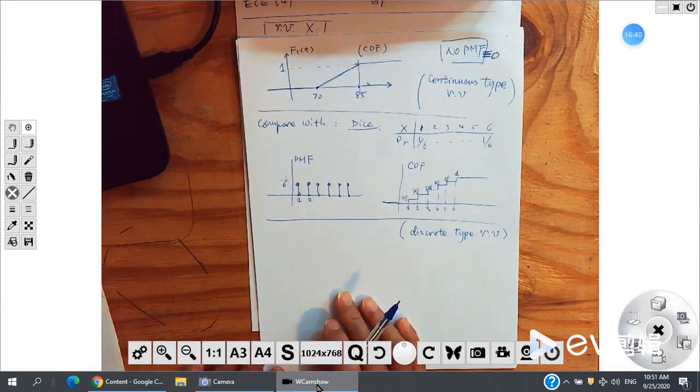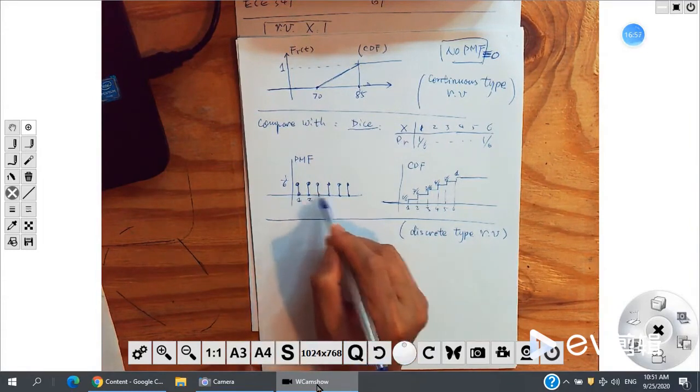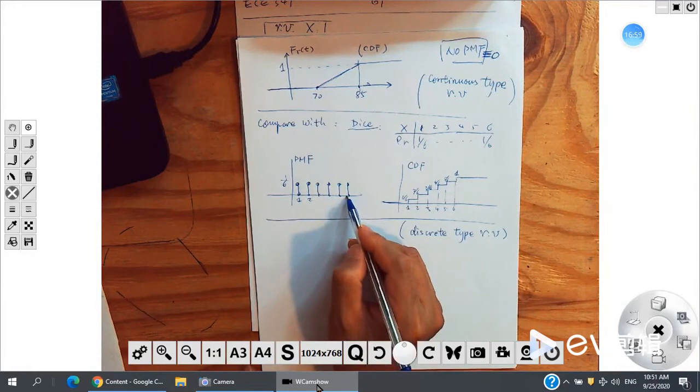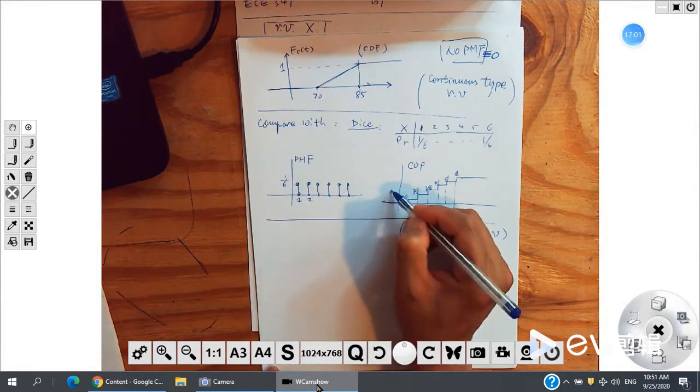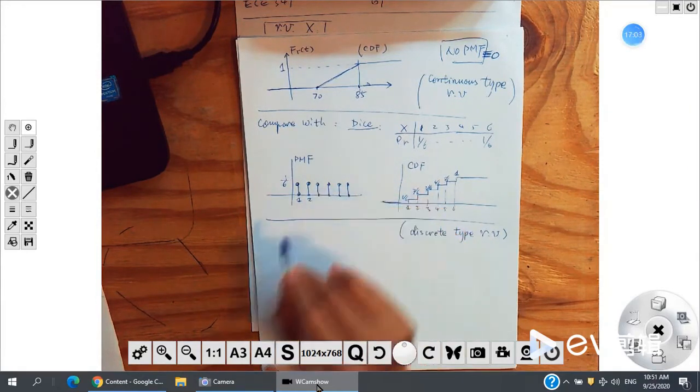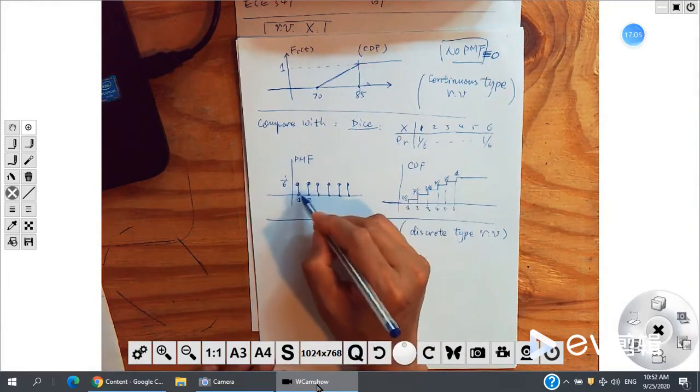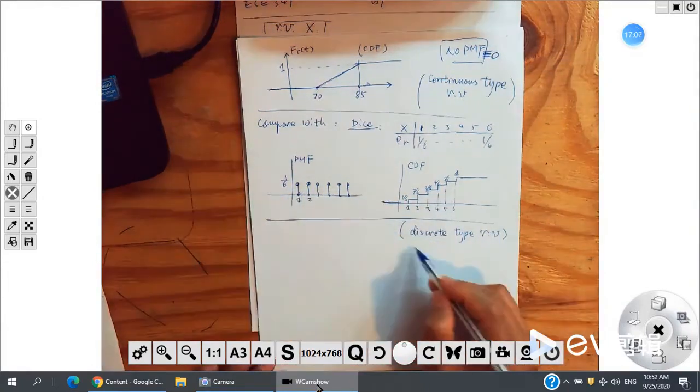Do we need that? It's hard to say, but the meaning is quite simple. If the random variable takes only some single values, or maybe infinitely many single values, but each value is separated, not continuous, then it is a discrete type.